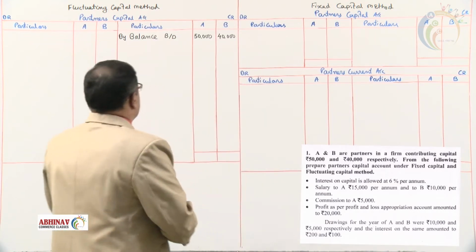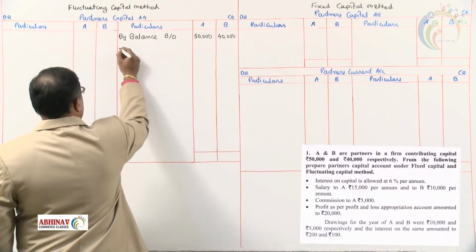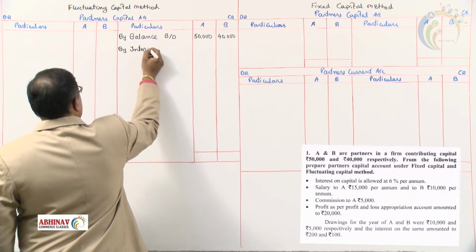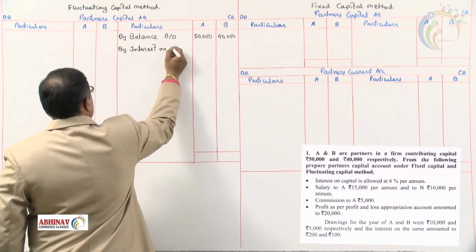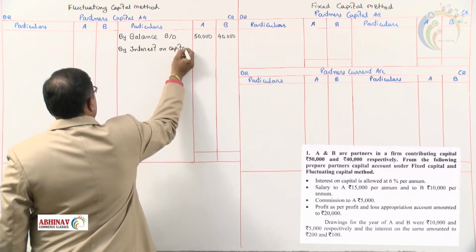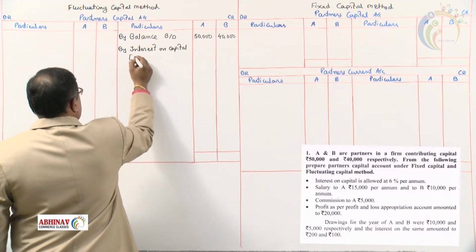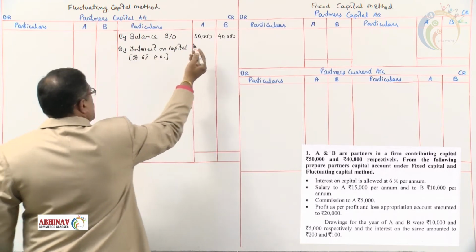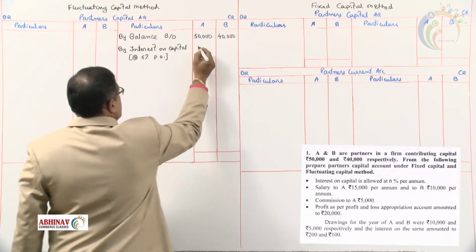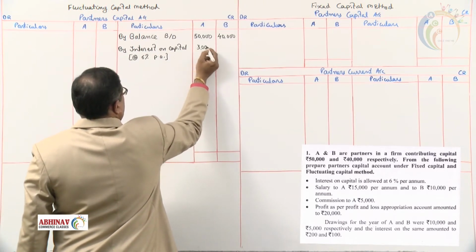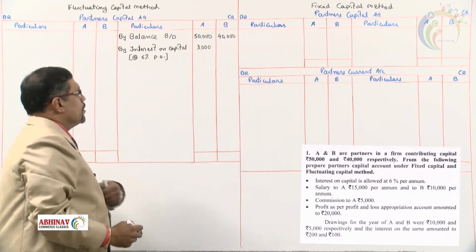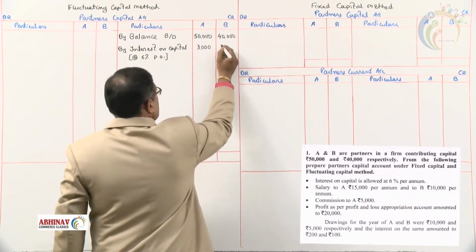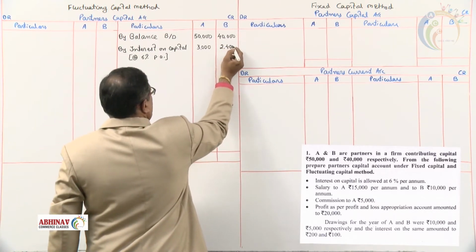We'll credit that by interest on capital. It is at 6% per annum. 50,000 at 6% gives 3,000. 40,000 at 6% gives 2,400.